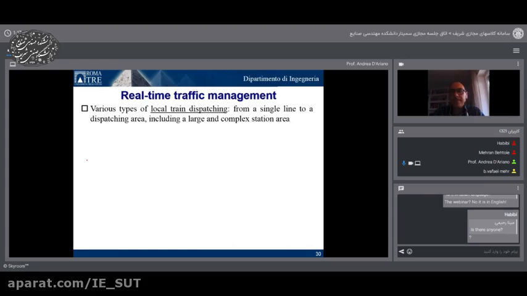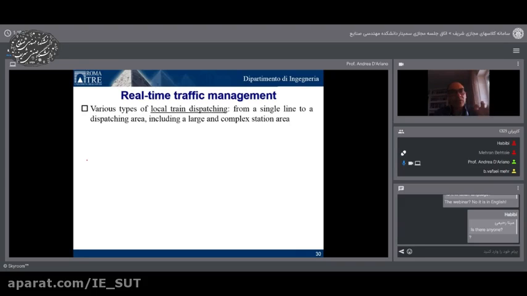This can be a single line or a junction. More in general, it can be a dispatching area, so it might also include a few stations or a part of a large station. This is called local train dispatching.